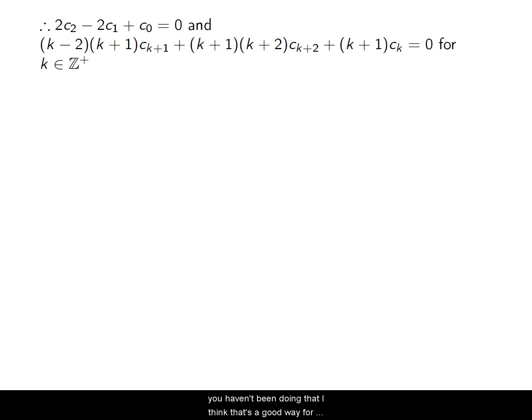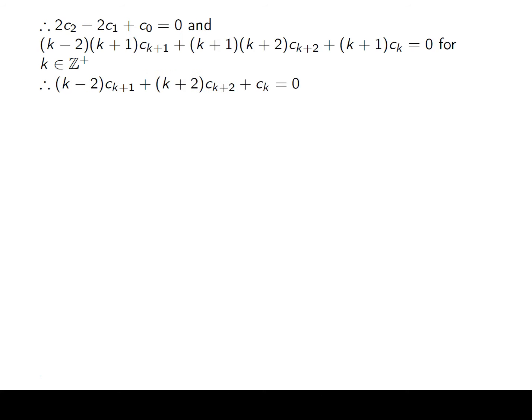So if you haven't been doing that, I think that's a good way to approach these videos: watch me go through the example, then put your notes away, and do the example again yourself and see if you can replicate the same solution, right?